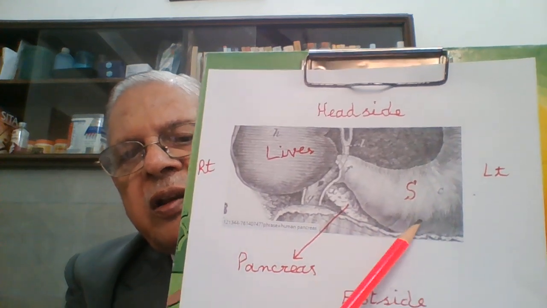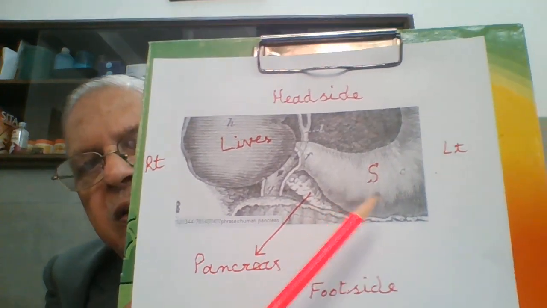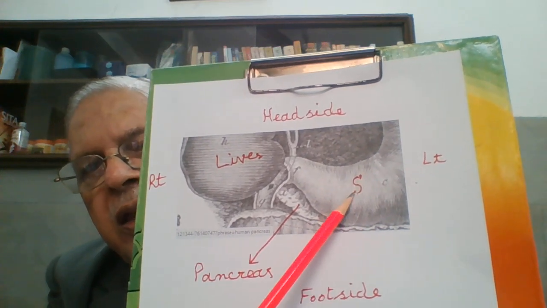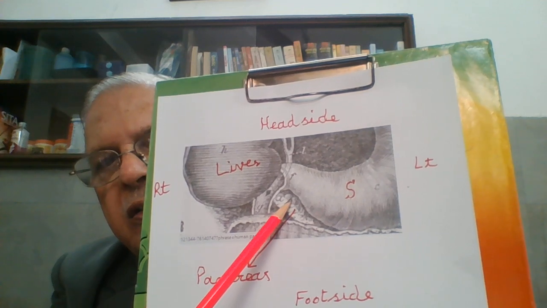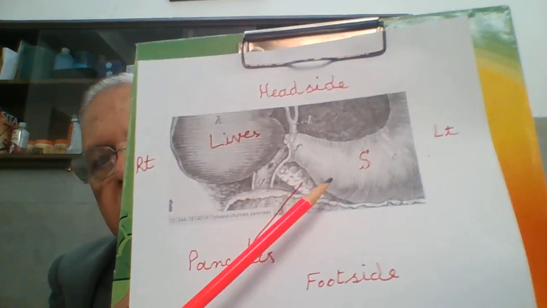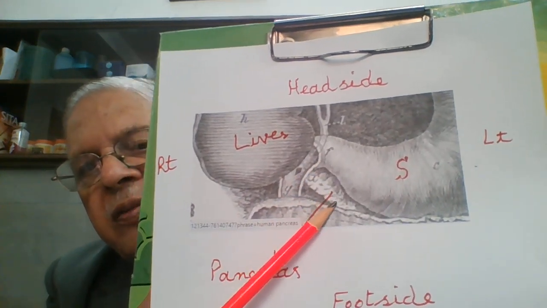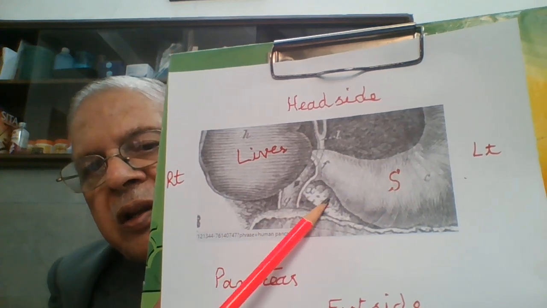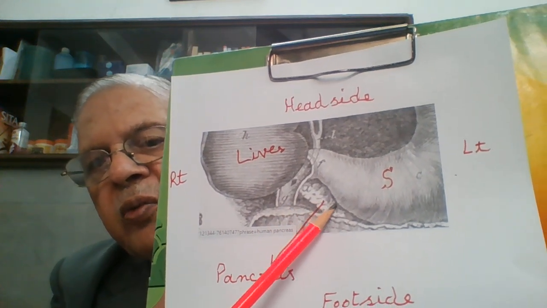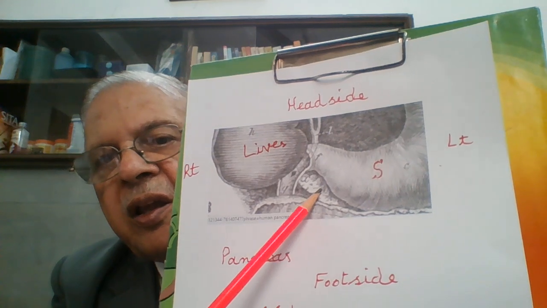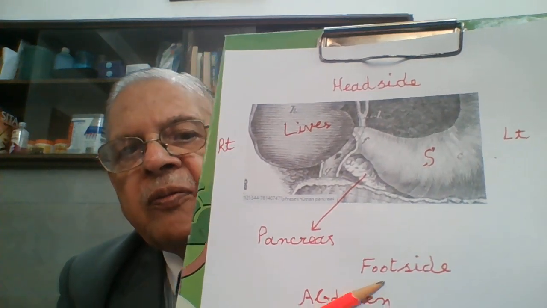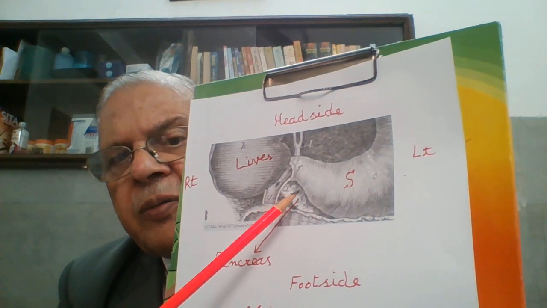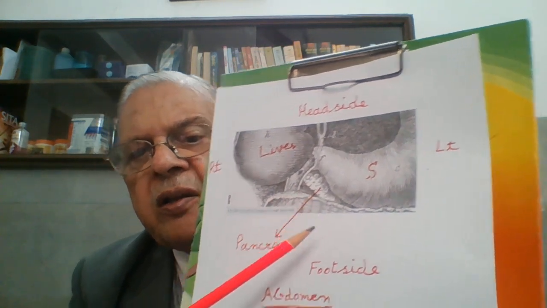This is the left side. On the left side, you find that this is the stomach, and just behind the stomach, this is the pancreas. Remember, this is the pancreas. I am stressing it again so that you can become conversant with the anatomy of the structures of the abdomen. Insulin is actually produced in this pancreas.